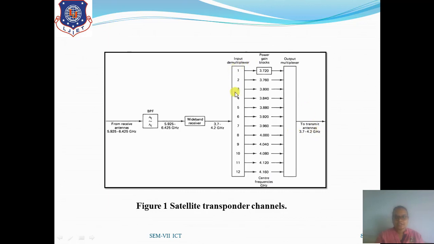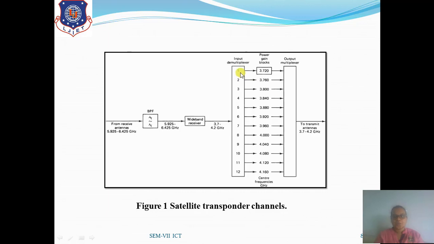So these demultiplexed channels will be multiplexed in the output multiplexer, and then a particular frequency channel will be transmitted through this transmit antenna, because a single signal will be transmitted to that particular antenna. So all these signals from 3.7 to 4.2 will be multiplexed after the demultiplexer, and then transmitted to this transmit antenna. These are the satellite transponder channels, which are 12 in number.